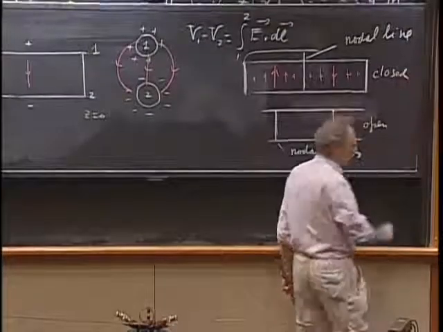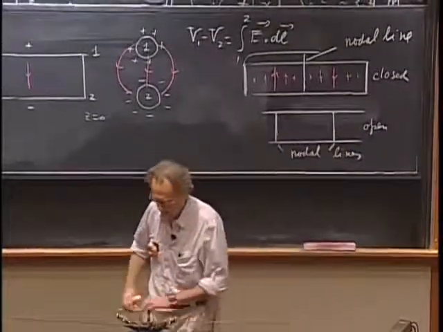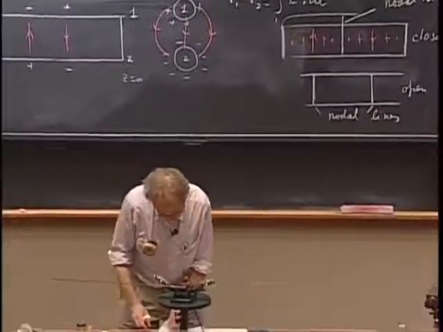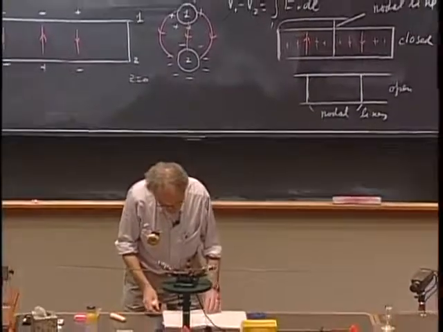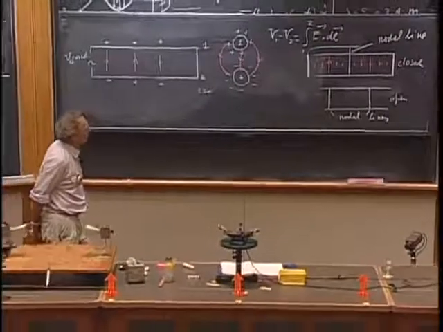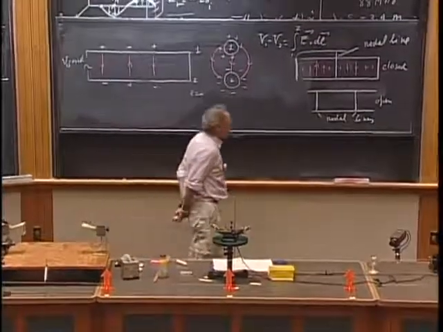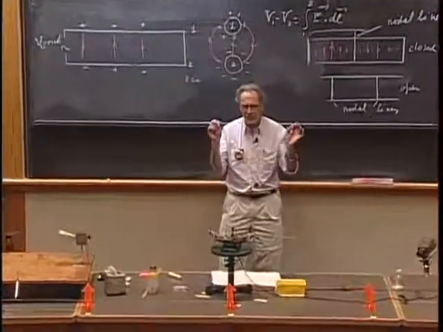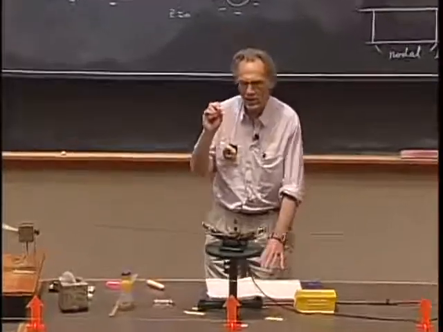And I want you to draw the parallel with our strings, and I even think that in my problem sets I give you a chance to work a little bit on this. Remember, with strings, we can fix the length of the string in such a way that we get resonance.